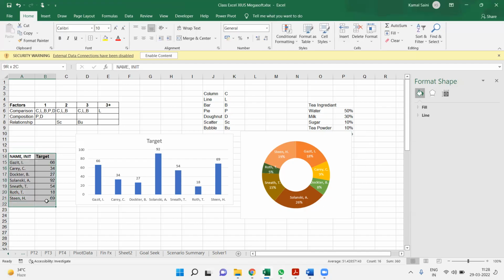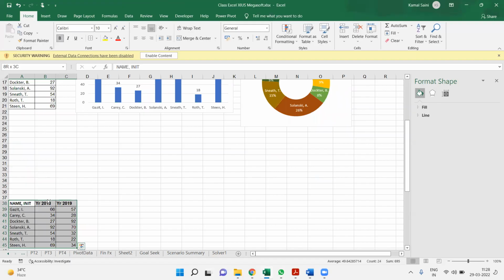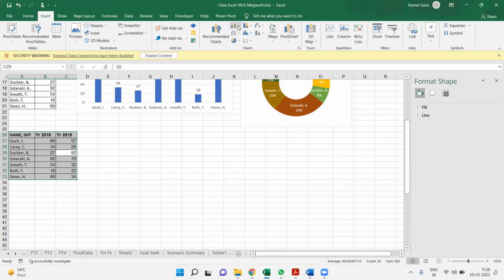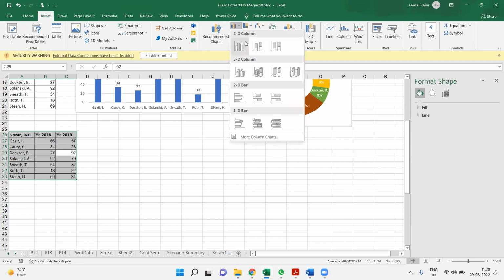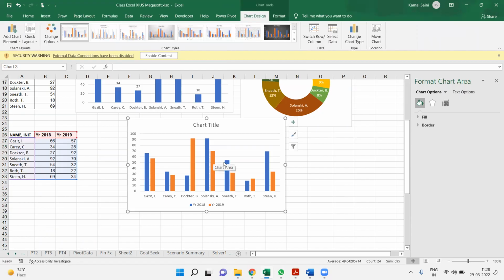What if you have two? When we have two, you can easily go for either column, line, bar, anything out of it. If you do this, you can see how each of the respective years is behaving.